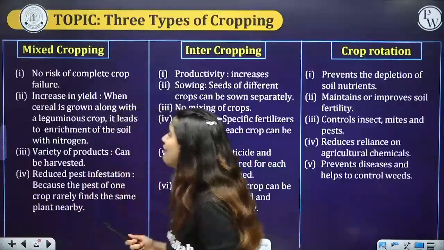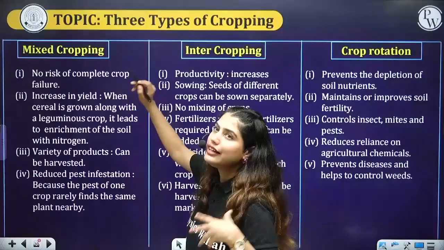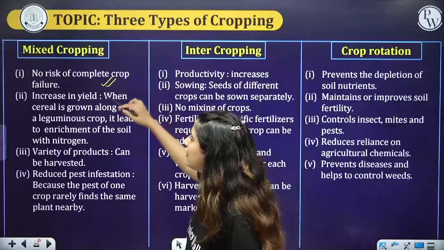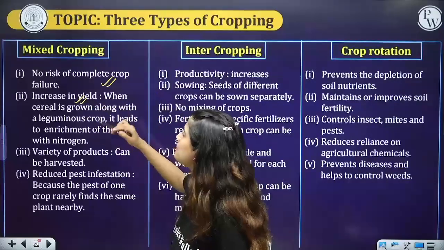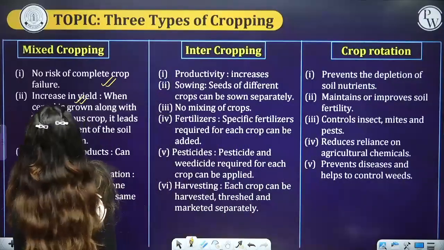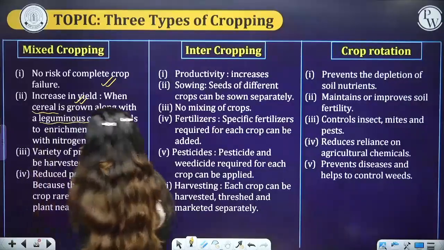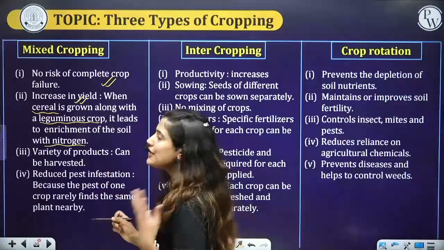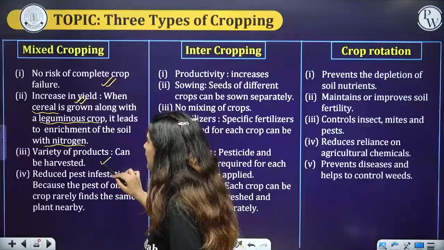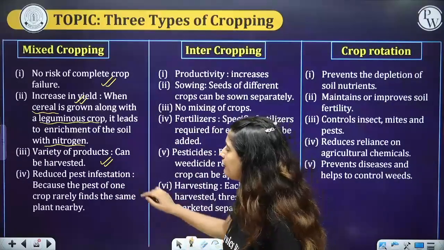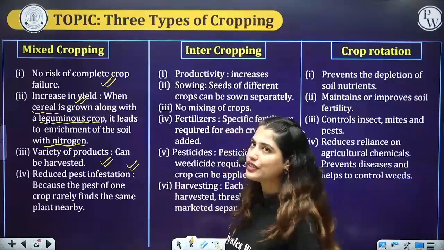So these are the advantages I have told you. In extreme climatic conditions also, there is no risk of complete failure. Yes, the yield is increased because we are growing a non-leguminous cereal plant with a leguminous plant, right? So obviously the leguminous plant will fix the nitrogen, and also a variety of products can be harvested from a single field, and it will reduce pest infestation.